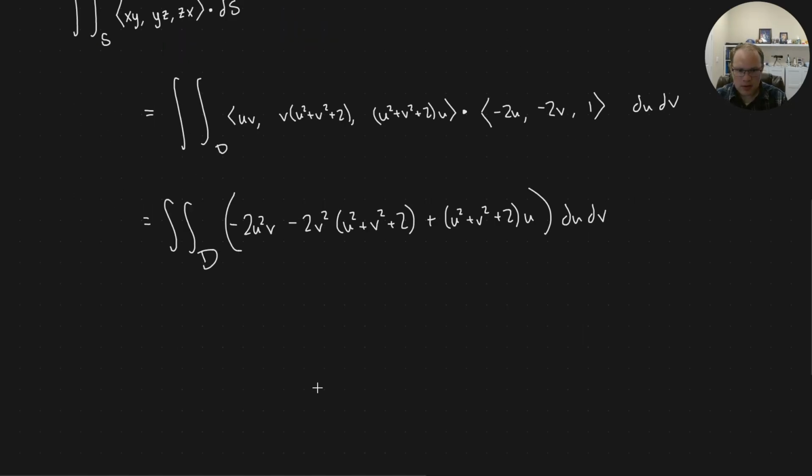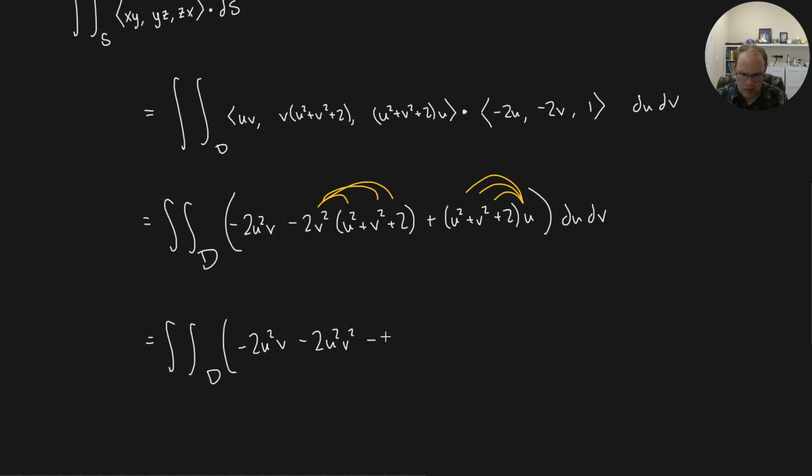And I could expand out and combine my like terms. Negative 2u squared v minus 2u squared v squared minus 2v to the fourth minus 4v squared plus u cubed plus uv squared plus 2u.